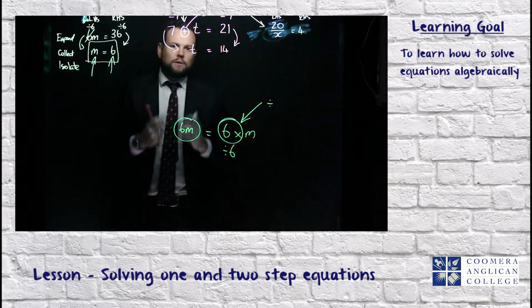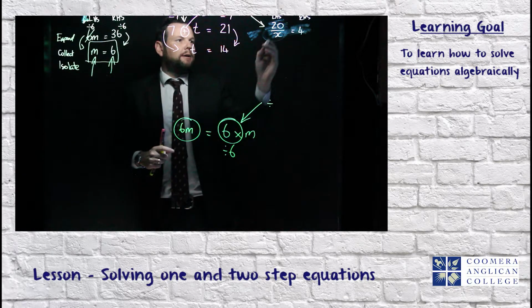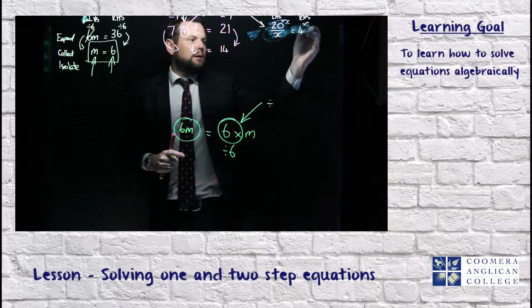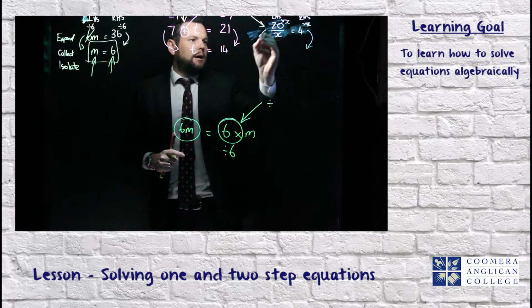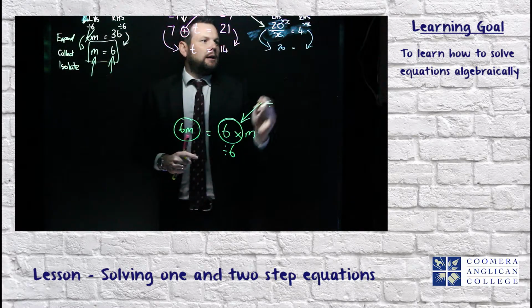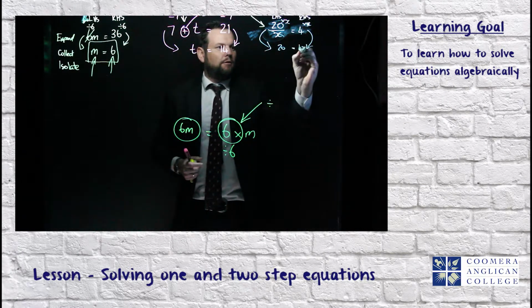In order to get rid of divided by x, I need to multiply by x. So I'm going to times both sides by x. That means this x disappears and I'm left with 20 on this side, and I'm going to multiply 4 by x. So 4 times x gives me 4x.